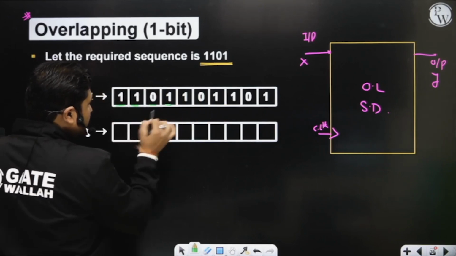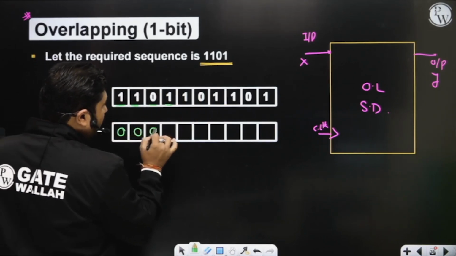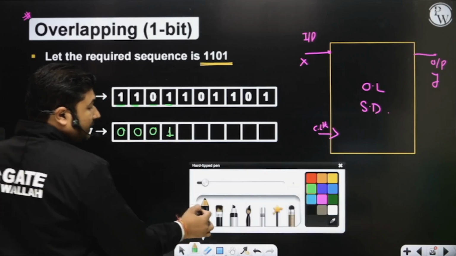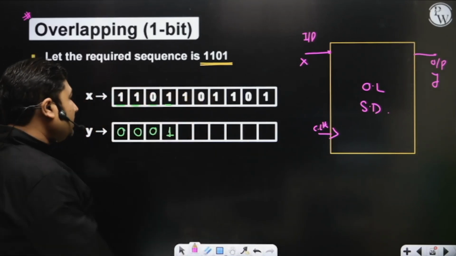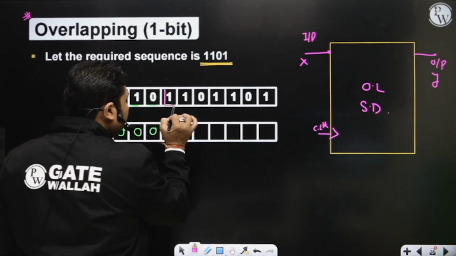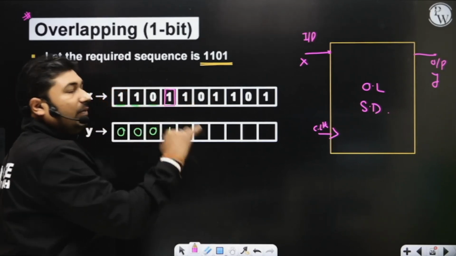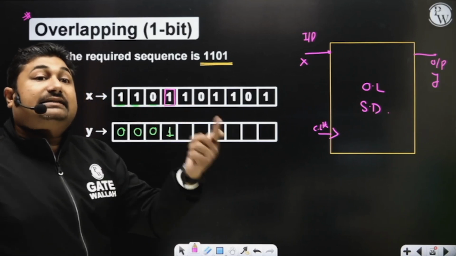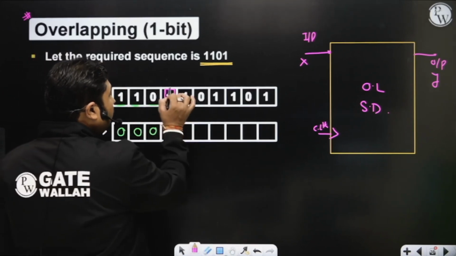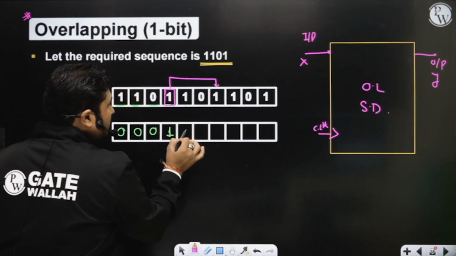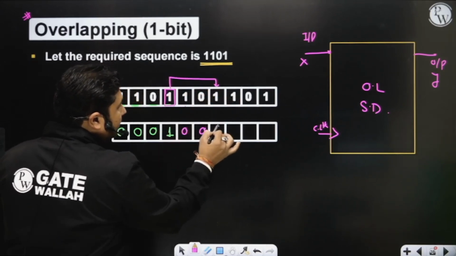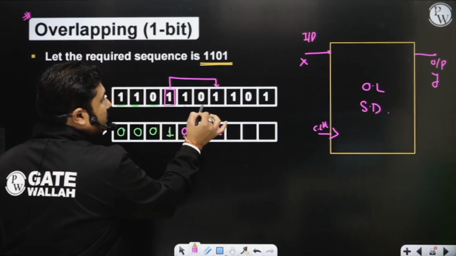When the 1101 sequence got detected, output will become logic 1. Now in the case of a 1-bit overlapping sequence detector, the last bit of the previous sequence will become the first bit of the next sequence. So now again you have to observe from here. The sequence got detected, 1101.